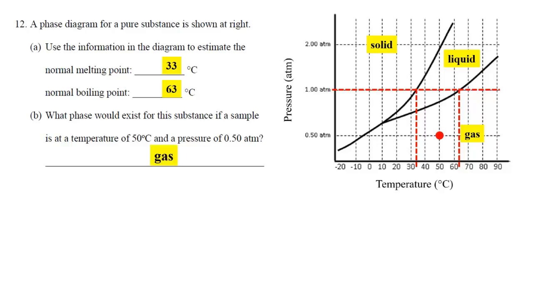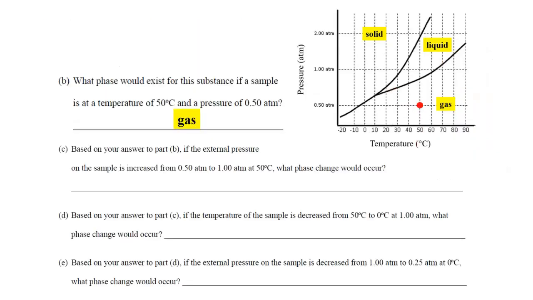Here come some phase changes in parts C, D, and E of this question. So here is part C. Based on your answer to part B, if the external pressure on the sample is increased from 0.50 atmospheres to 1 atmosphere, and we're not changing the temperature, so we're going to go straight up vertically on this diagram, that is going to increase the pressure from 0.5 to 1 atmosphere.